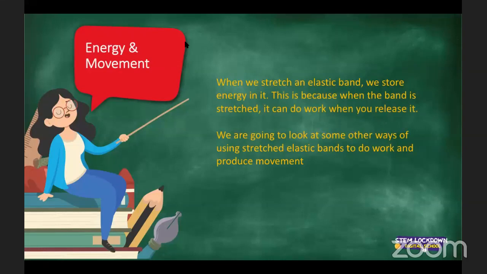Whenever you pull an elastic band and release it, it will produce a type of energy which is called potential movement. We are going to look at some other ways of using stretched elastic bands to do work and produce movement. This is because when the band is stretched, it can do work when you release it.